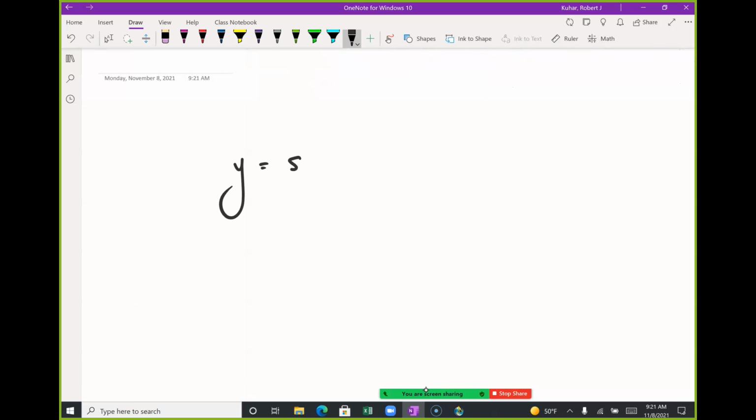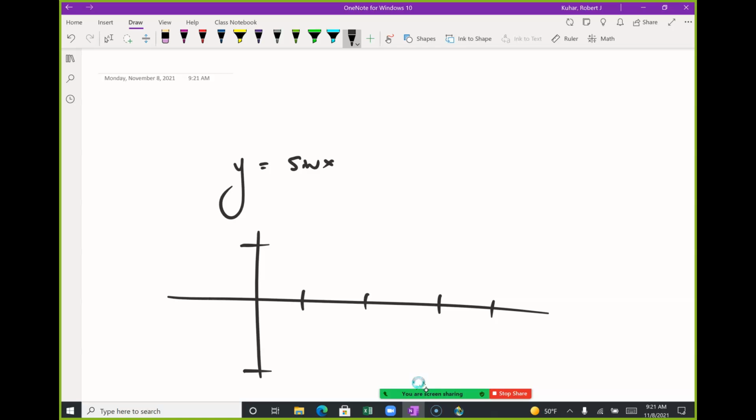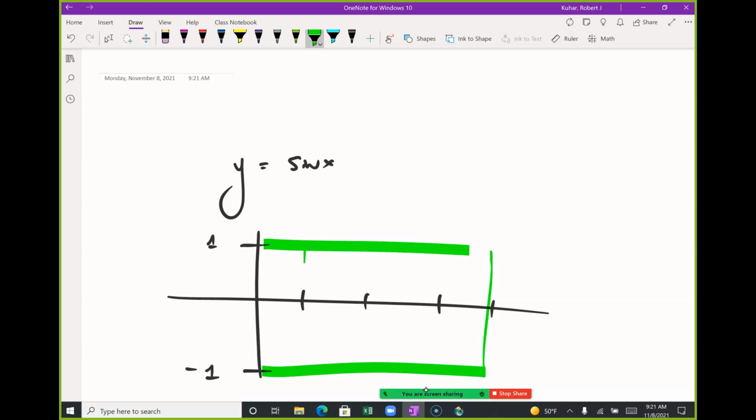So y equals sine of x, right, is 1, 2, 3, 4, up to 1, down to -1, right? And that rectangle for the mother, right? And so there's my sine curve.